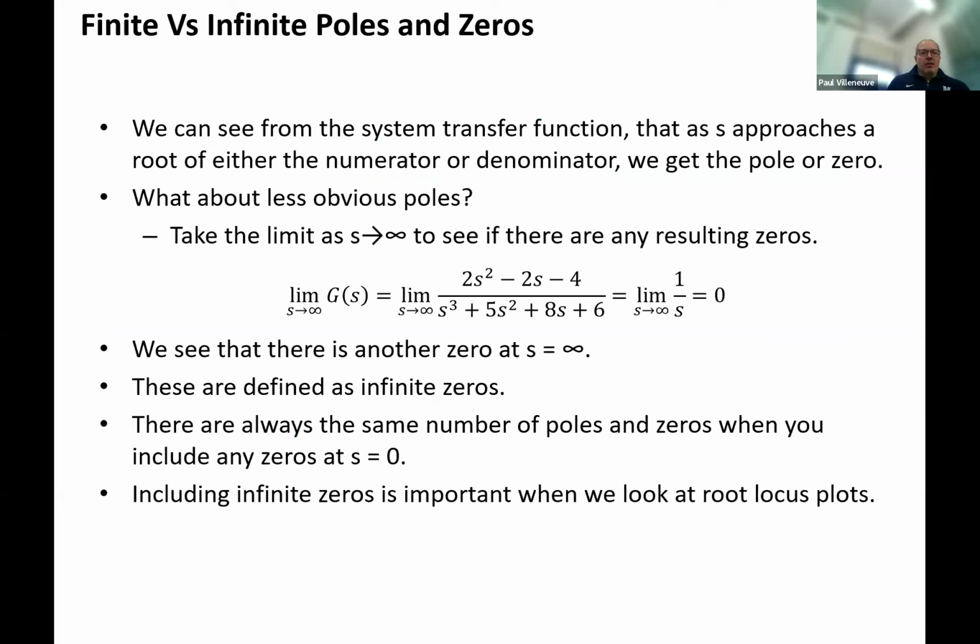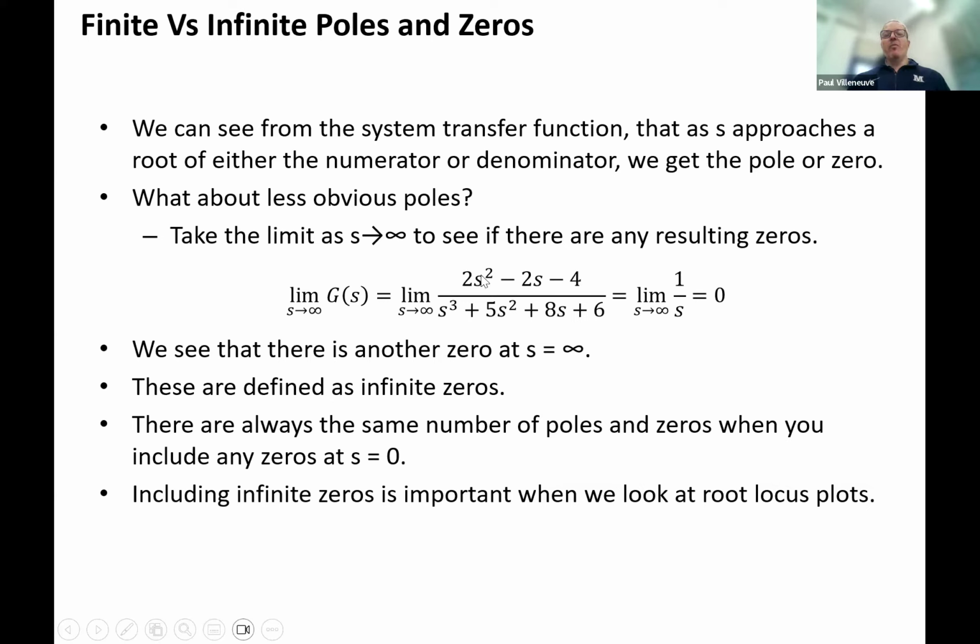So you can see that as s approaches 0, we get a pole or a zero. What about our less obvious poles? If we take the limit as s approaches infinity of G(s), we end up canceling out the s.